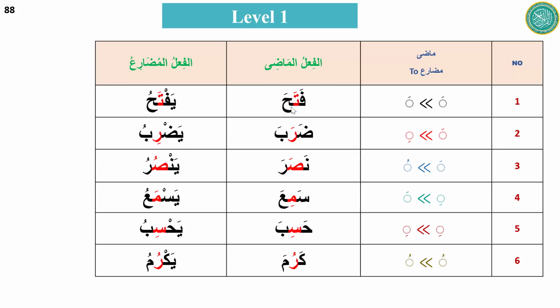First, Bab Fataha is just a name. Then you have to say Madi and Mudari, please. Oh, okay, sorry. Should I start from the beginning again, sir? Yeah, go ahead again. Level 1, chapter 1.